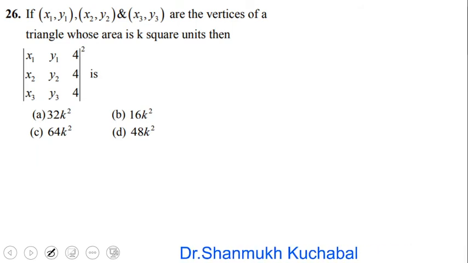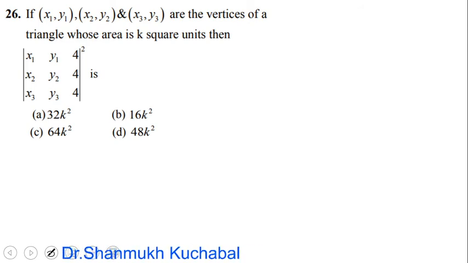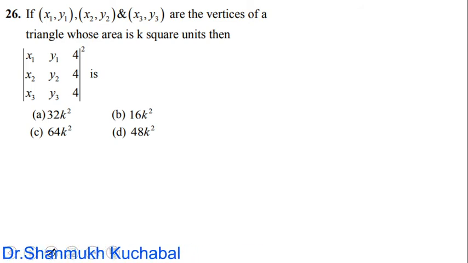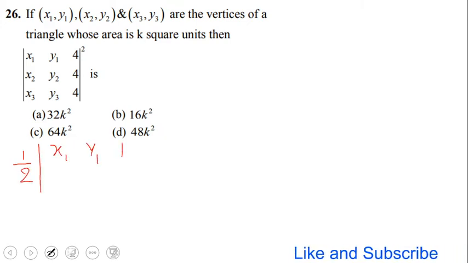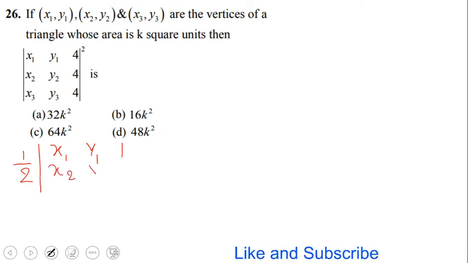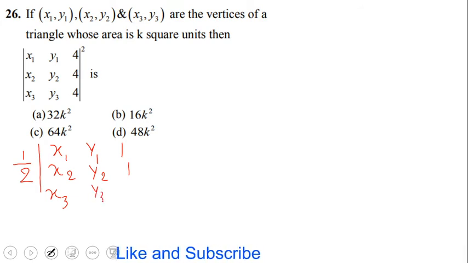The question is, there are 3 coordinates, the vertices of a triangle whose area is k square units. Then what is the required area we have to calculate here? The area of a triangle is given by the formula 1 by 2 times the determinant x1 y1 1, x2 y2 1, x3 y3 1.